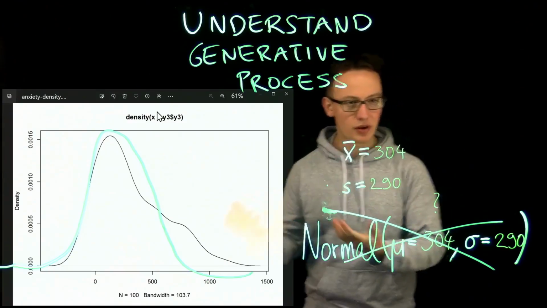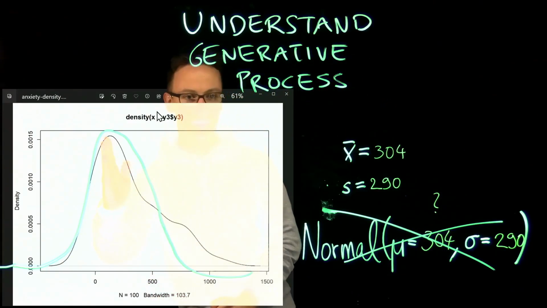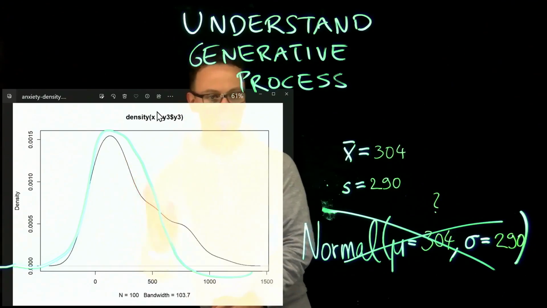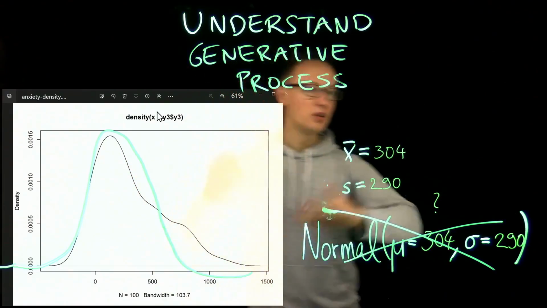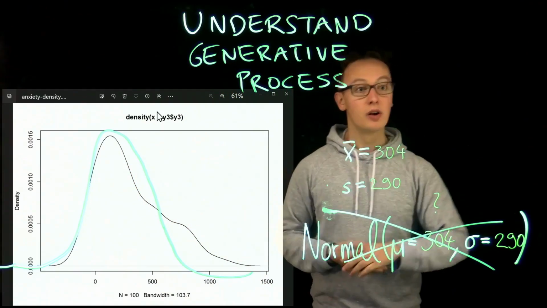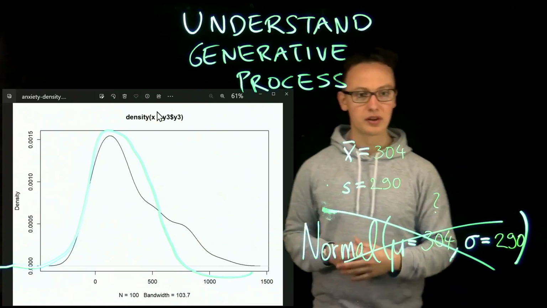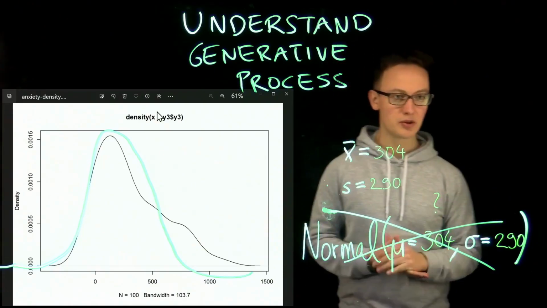Maybe it's a mixture of multiple normal distributions with one mean being here and another one slightly more to the right, or it could maybe be a log normal distribution, which is also a known kind of skewed distribution. So we don't really know.